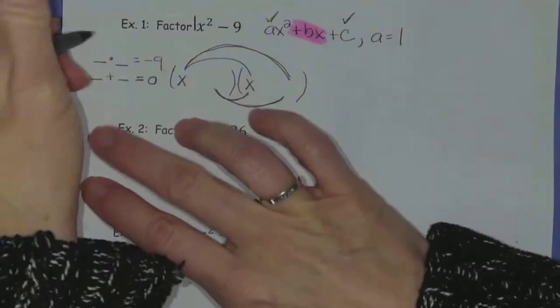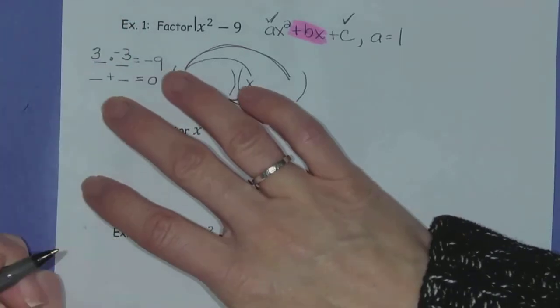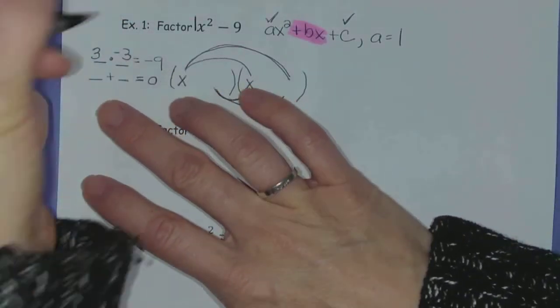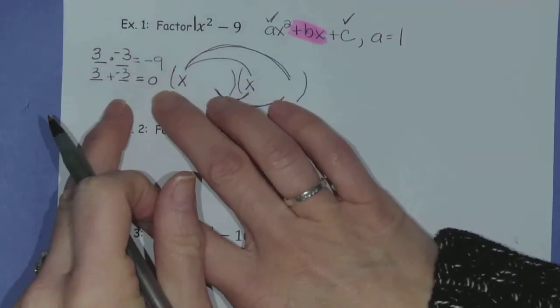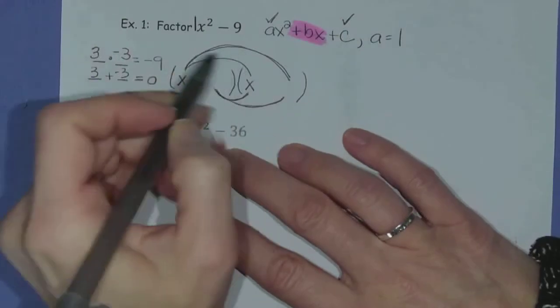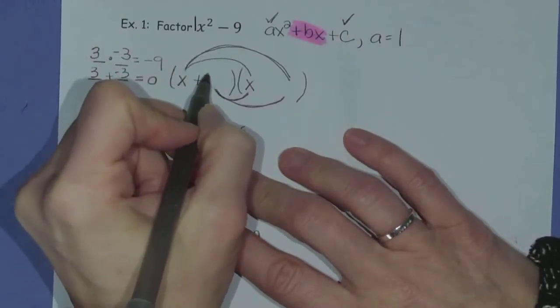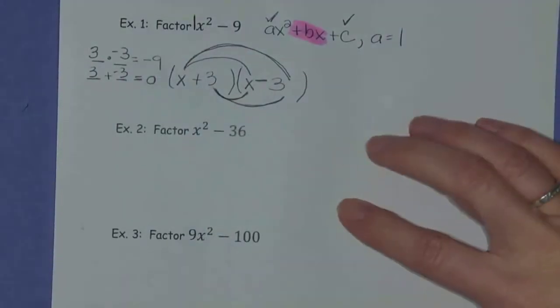So I hope you're thinking what I'm thinking. I'm thinking 3 times -3 multiplies to -9, and 3 plus -3 is 0. And there it is. So I'm going to put a +3 and a -3. Now let me check that.